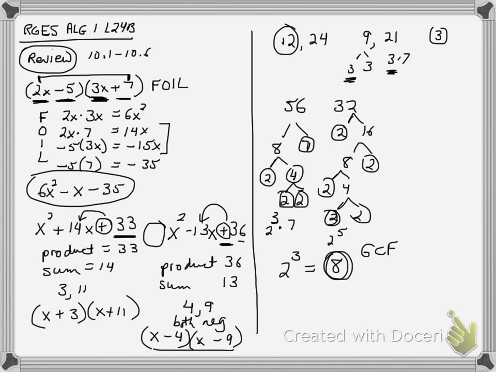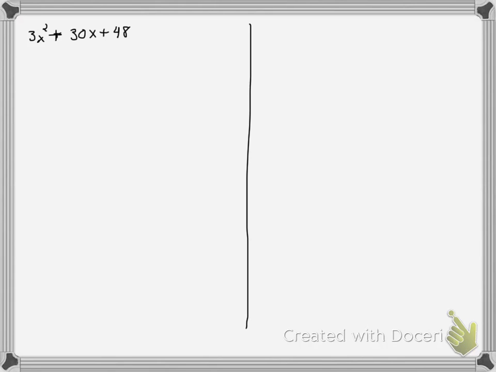Now the next idea, we basically have 4 patterns here that we're working with. Okay, so the 2 basic overarching rules is always factor a greatest common factor first, and then always factor completely.